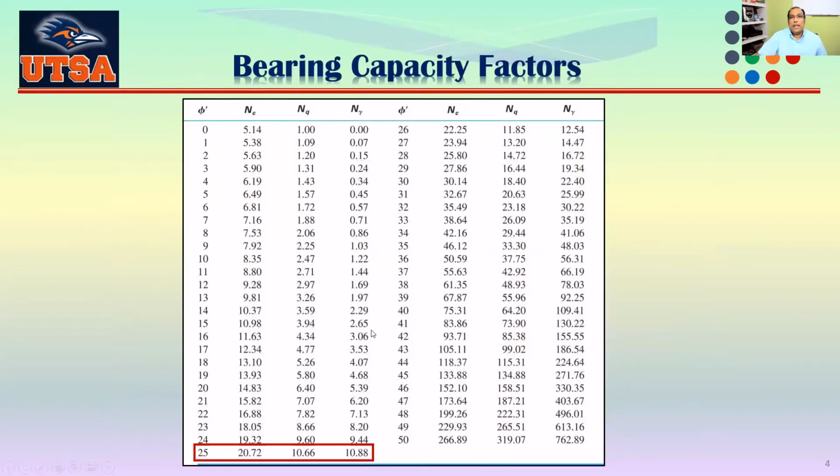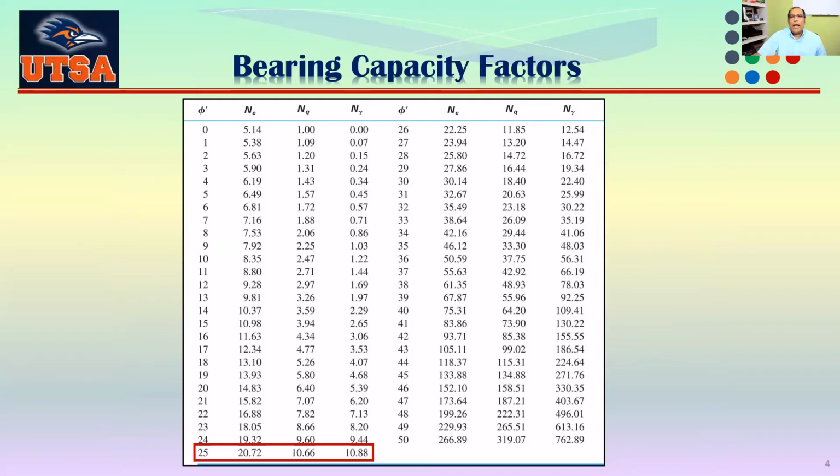That's basically table number 6.2 in your book. Now, other than the bearing capacity factors, you also need the shape factor, depth factor, and inclination factor. For this particular problem, there is no inclination, so all the inclination factors would be 1.